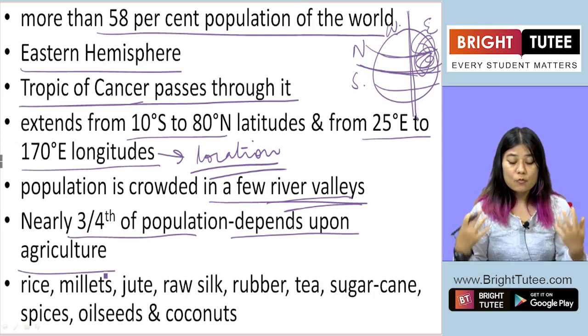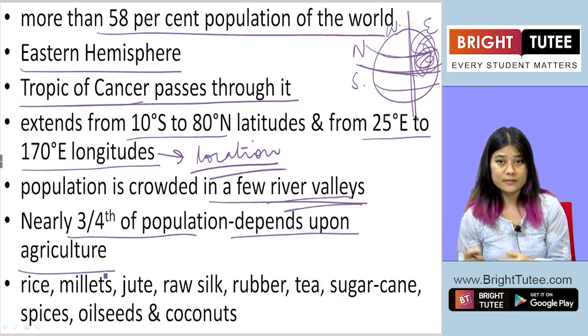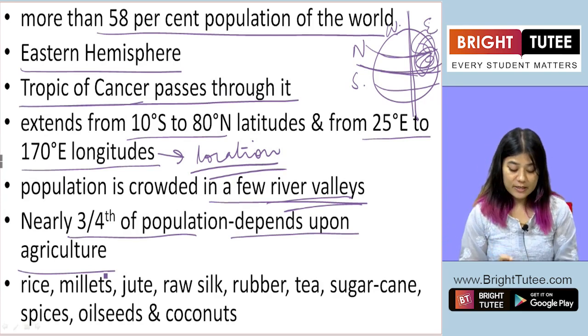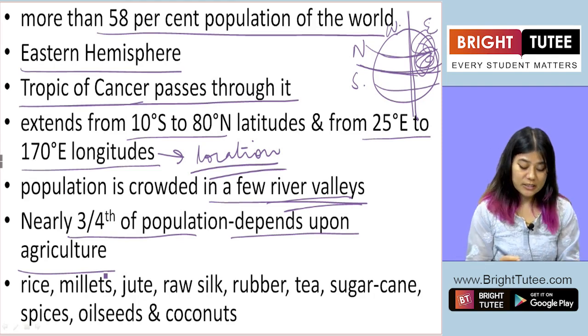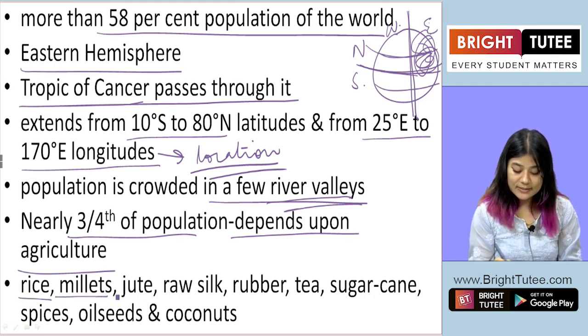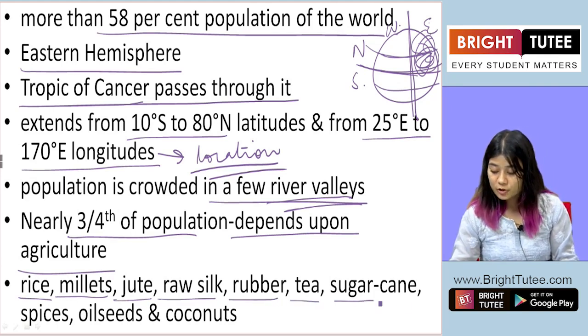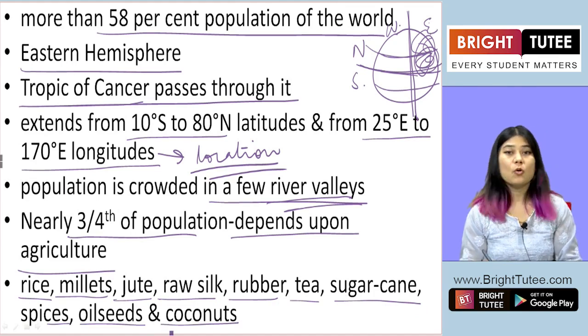That means most of the people engage themselves in agricultural activities. Okay. And in the continent of Asia, the farmers grow crops such as rice, millets, jute, raw silk, rubber, tea, sugarcane, spices, oil seeds, and coconut.